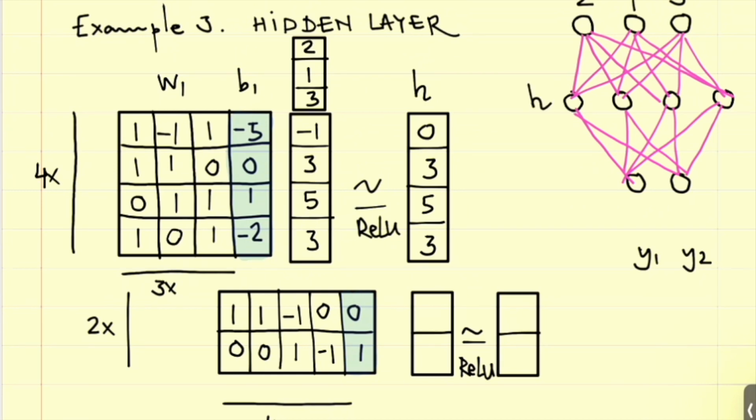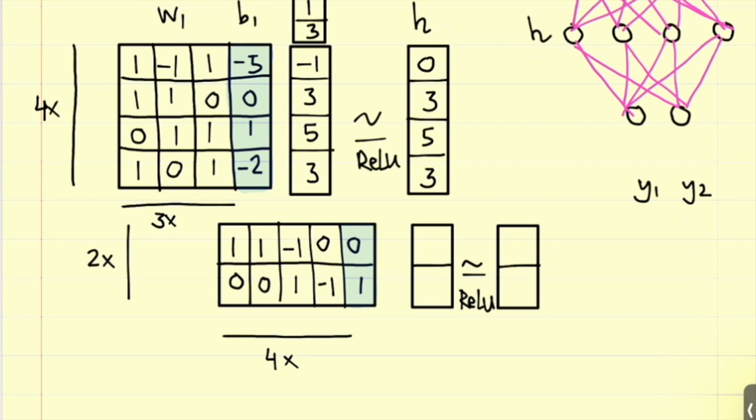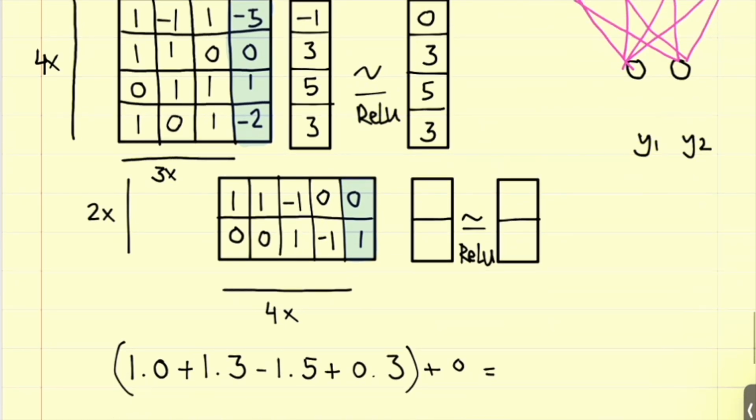And now the interesting part is, what do we do? We multiply this with this and add the bias. So 1 times 0 plus 1 times 3 minus 1 times 5 plus 0 times 3 plus 0. This adds up to 3 minus 5, minus 2.